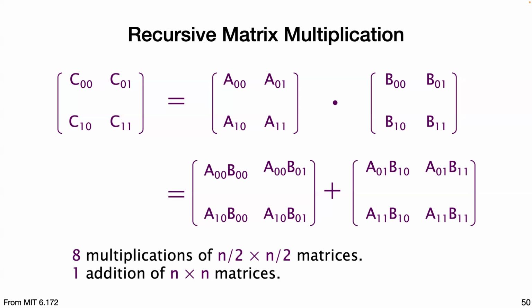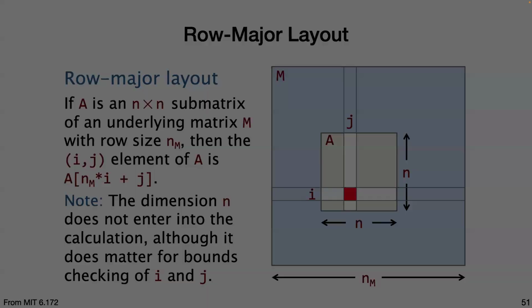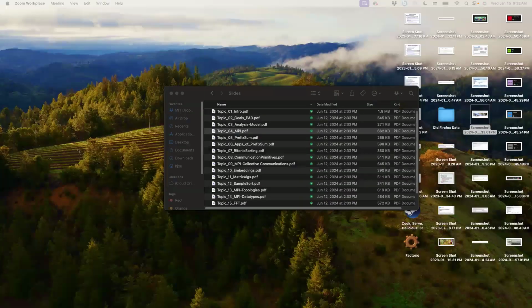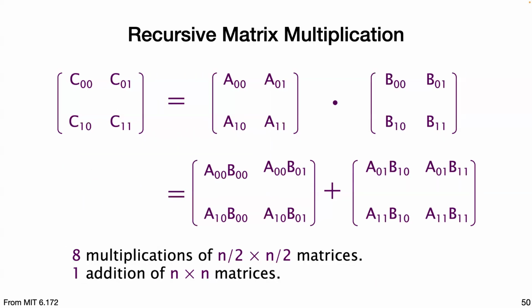Each recursive call is size n/2 by n/2 if we started with n by n, and then the addition is size n by n.